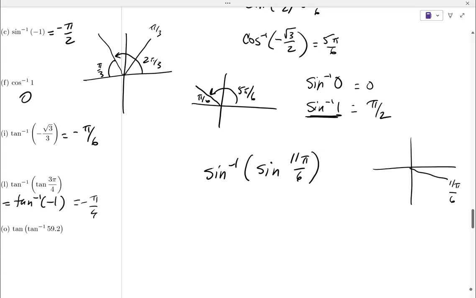In quadrant 4, sine is negative. Instead of measuring this way, though, we want to measure this way for the inverse sine. So what's this going to simplify to instead? Negative pi over 6. Good.